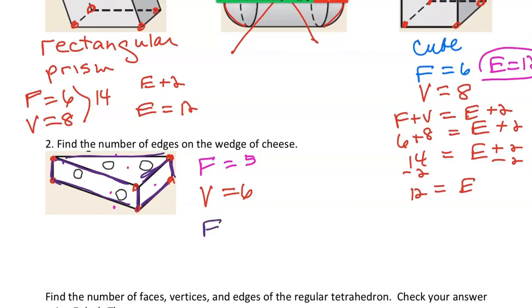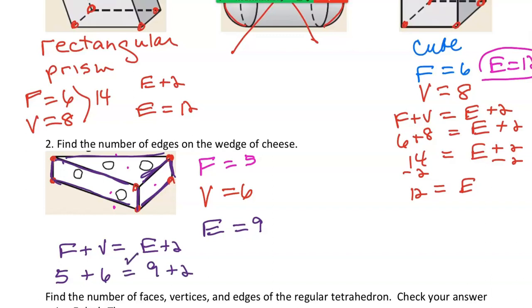So my edges are 9. So in this situation, I counted everything, so let's just make sure that this statement is holding. My faces, I have 5, plus my vertices makes that 11 on the left side, and 9 plus 2, that checks, it's 11 both sides.